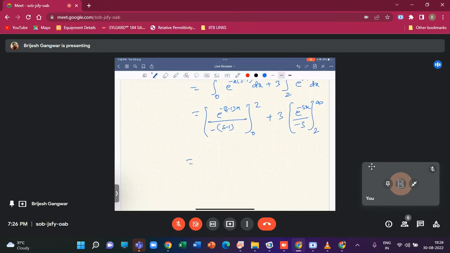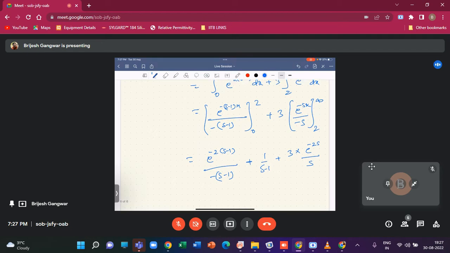So here we will get e to the power minus 2(s minus 1) upon minus (s minus 1), minus, if you put 0 then it will be plus 1 upon s minus 1, plus 3, and if you put infinity here it will be 0, then minus e to the power minus 2s upon s, and this limit minus will be plus.